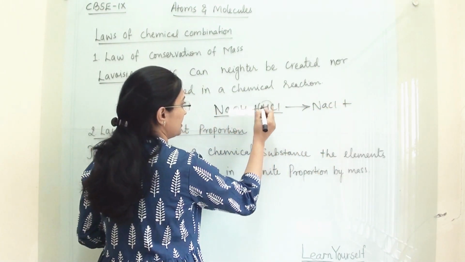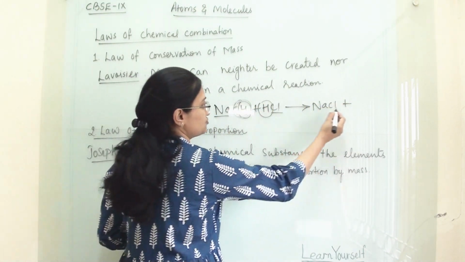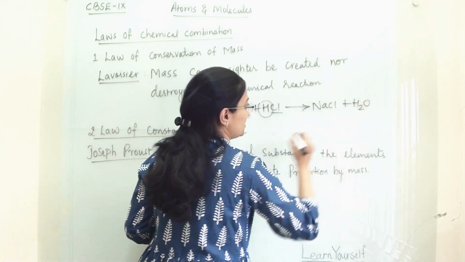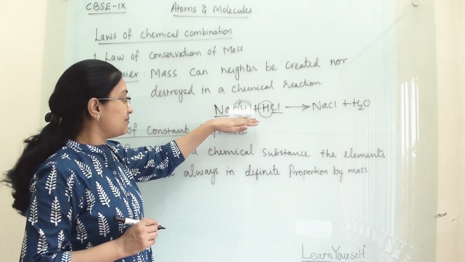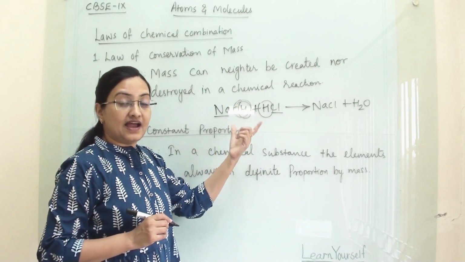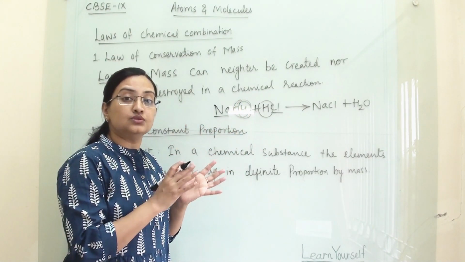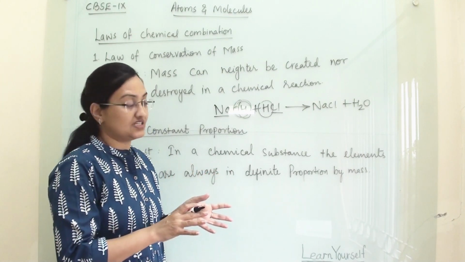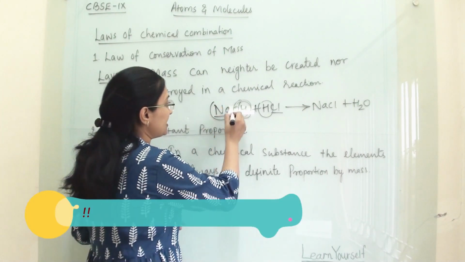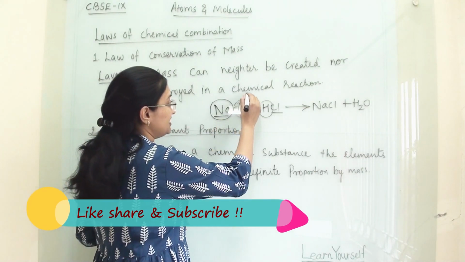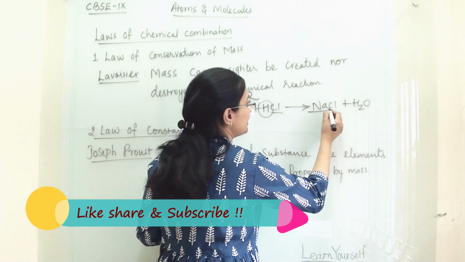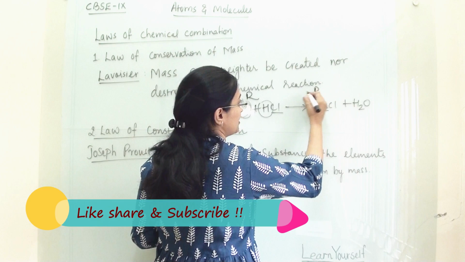plus H and OH, so it will be H2O. If you see this chemical equation, the atoms on the right hand side are exactly equal to the atoms on the left hand side. That means if one Na is at the reactant side, then only one Na is there at the product side.